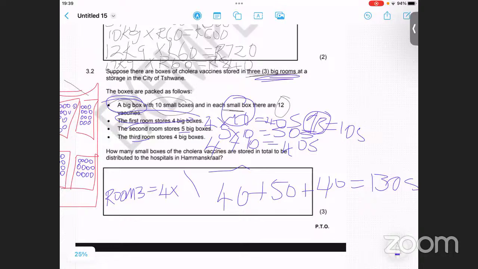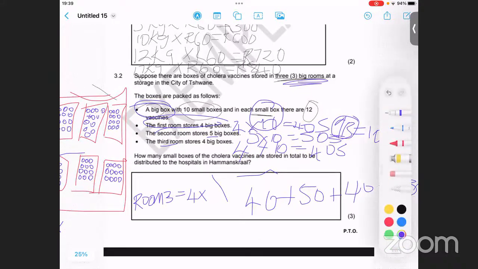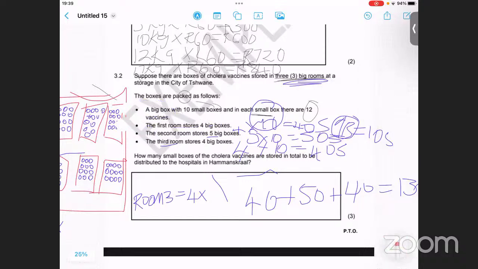Okay, so if they asked you how many vaccines are there in the first room, what is gonna be the answer? How many vaccines are stored in the first room?